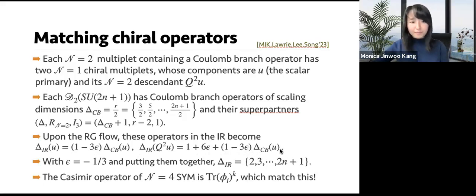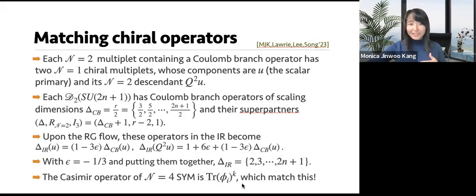Now, putting them together, we're going to have the spectrum of all the integers coming from 2. That looks like it's going to match explicitly the Casimir operators of the N=4 super-Yang-Mills, which is just given by this.